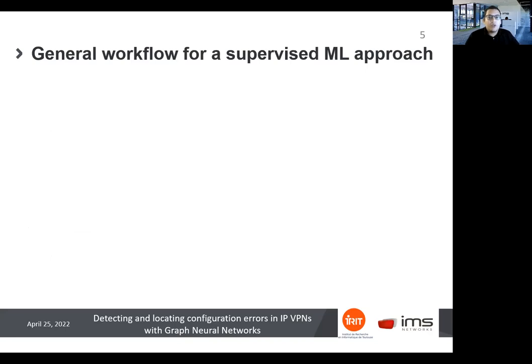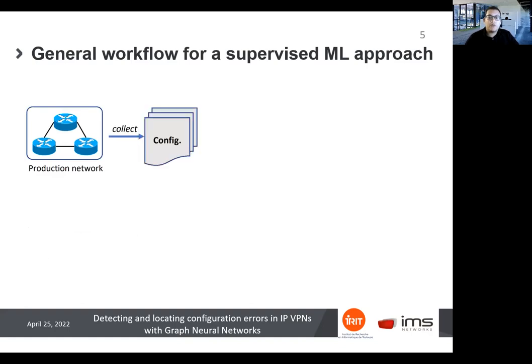To apply a machine learning approach in order to resolve a problem, we have to define a workflow containing all the steps to do from the beginning until the deployment of the learning system. The first task to do in our case is to collect configurations from the production network.